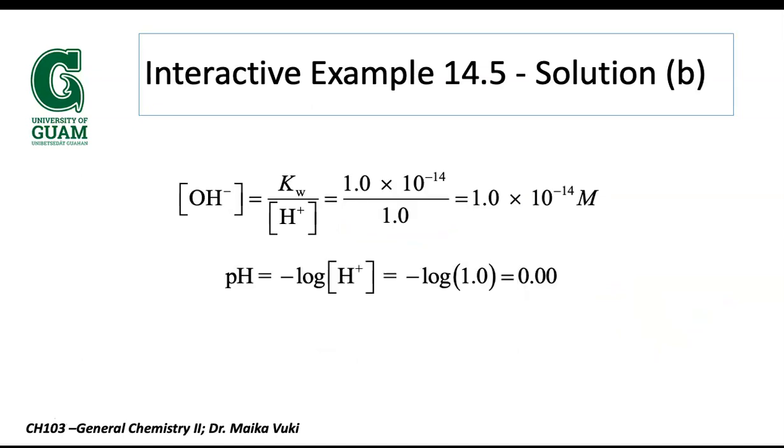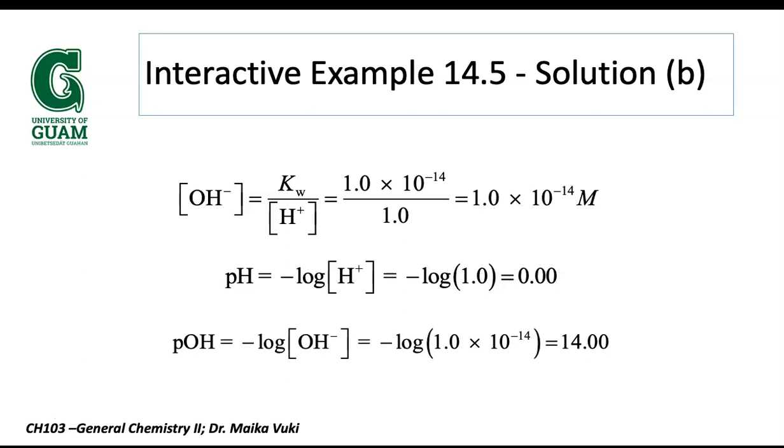Okay, that's the second example, and we have this. The pH is 0 and pOH is 14. So that's the acid, which is a very strong acid. You can see here that the acid has a pH of 0.